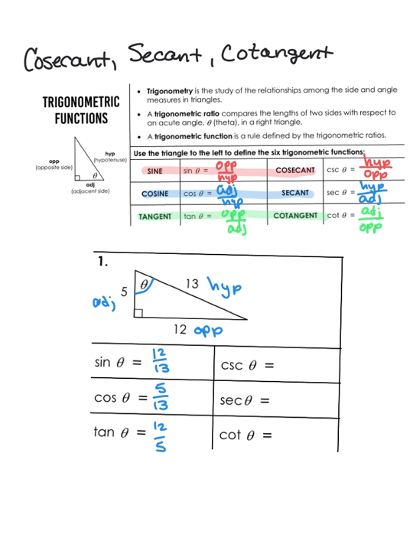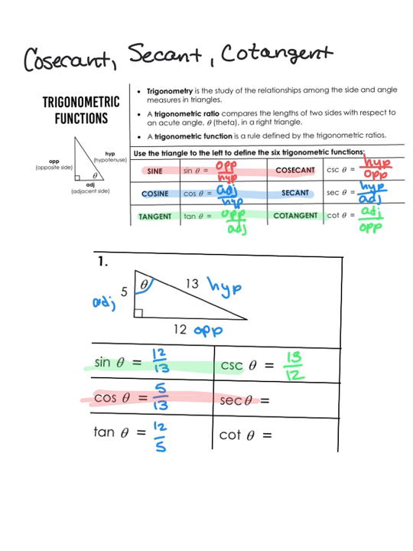Reciprocals. The sine is the reciprocal of the cosecant. So if the sine is 12 over 13, then the cosecant is 13 over 12. I just write the reciprocal. I flip the fraction. The cosine and the secant are reciprocals.